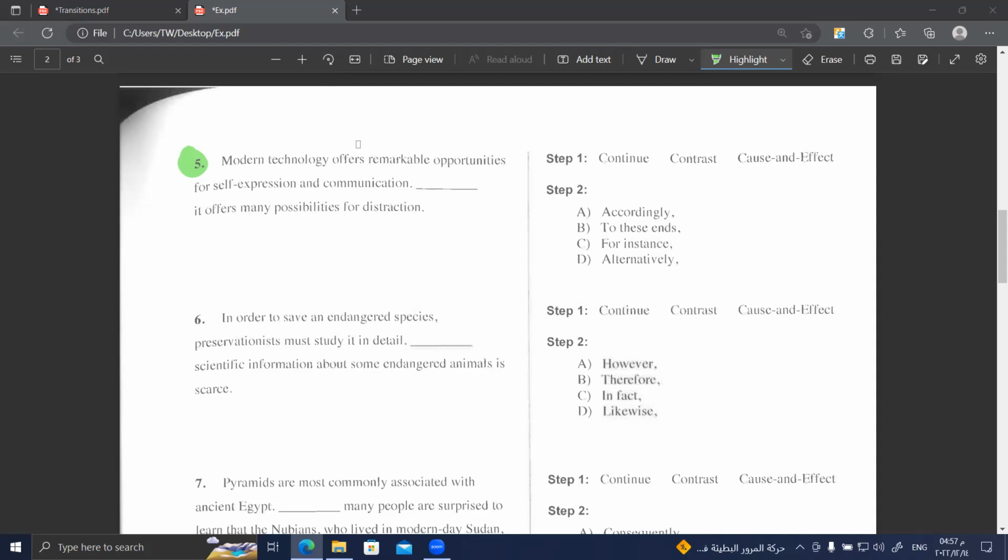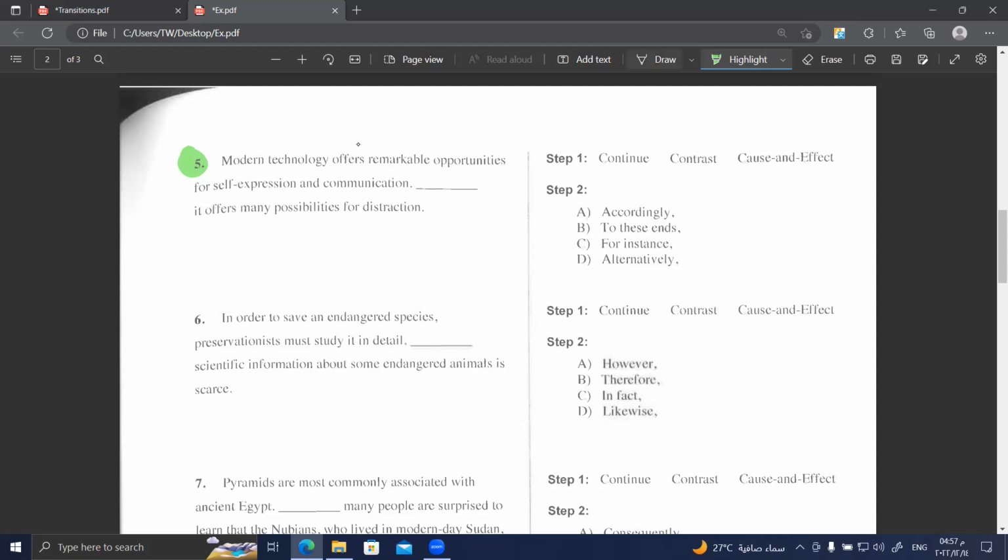First of all, he said in the first sentence that technology offers remarkable opportunities for self-expression and communication, which is positive. And in the second sentence, he said that it's distraction, which is negative. So we should use a word that provides contrast, and that word is alternatively. Excellent. Thank you so much. I really appreciate that. See, guys, it's easy, guys. Do not overthink it. It's very easy.